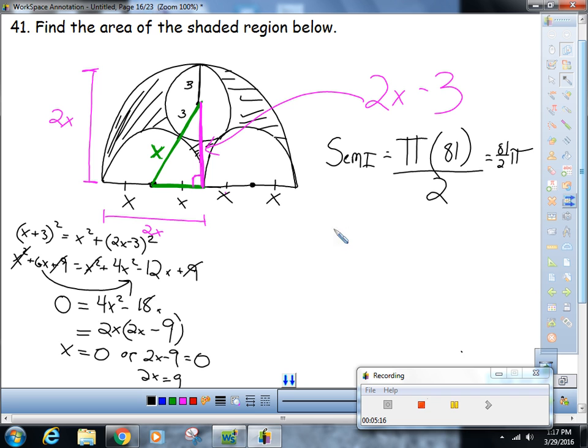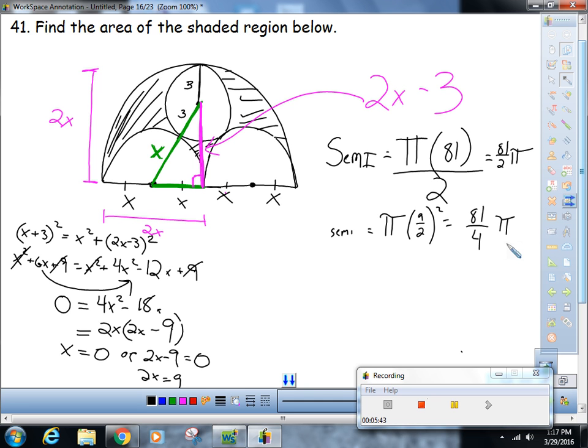What about the little semicircle? What's the radius of the little semicircle? It's 9 over 2 squared. So it's 81 over 4 pi. But how many semicircles do we have?